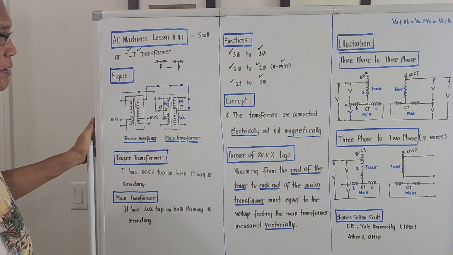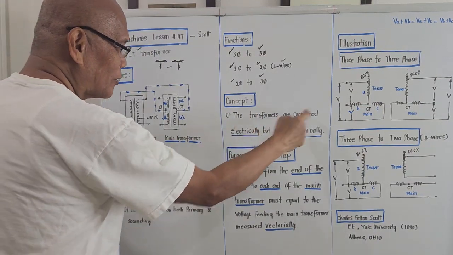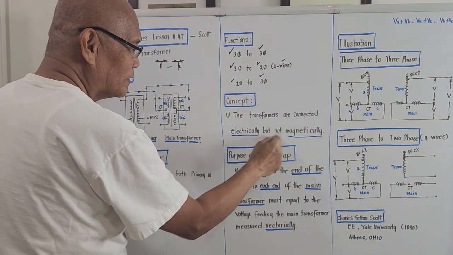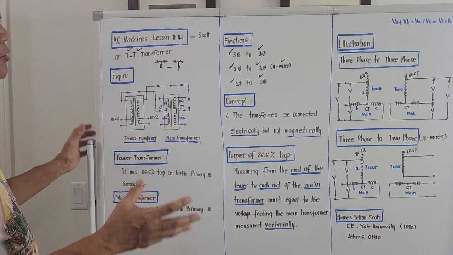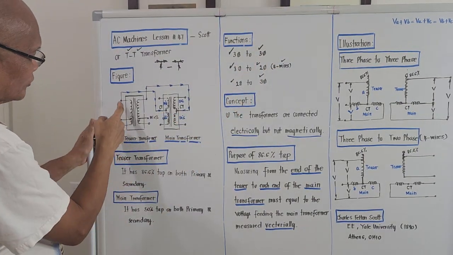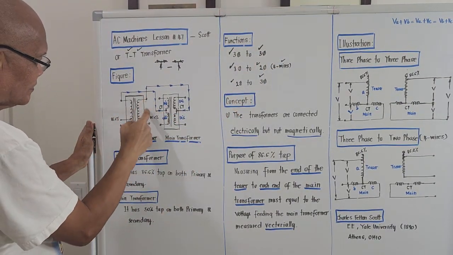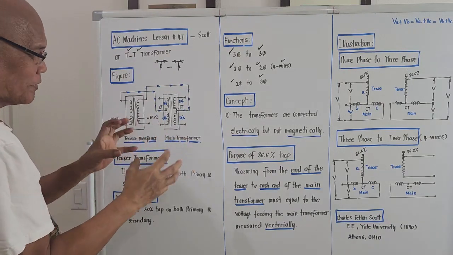According to the definition, the transformers are connected electrically but not magnetically. Because to bring out the configuration or function 3-phase to 3-phase, we must interconnect the different terminals. So actually, this connection is very flexible.